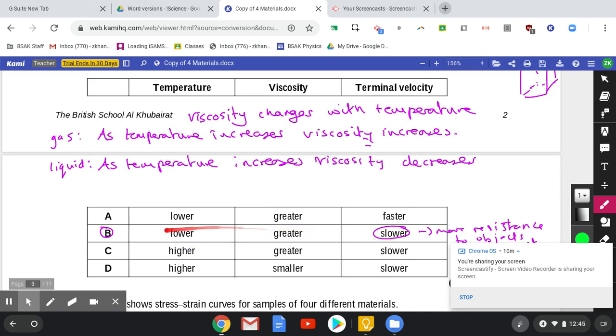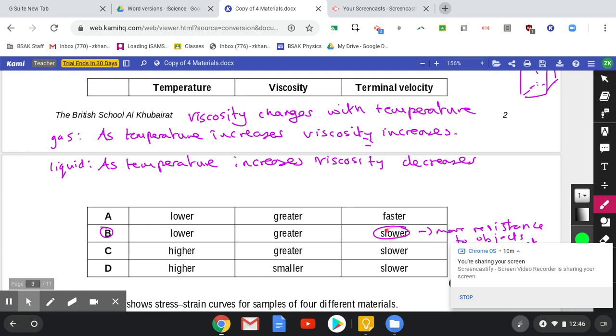So these two go hand in hand. It could be A as well, or it could be D as well, because that follows the viscosity-temperature relationship. However, if the viscosity is greater, you're going to get more resistance to motion, so the terminal velocity will be much lower.